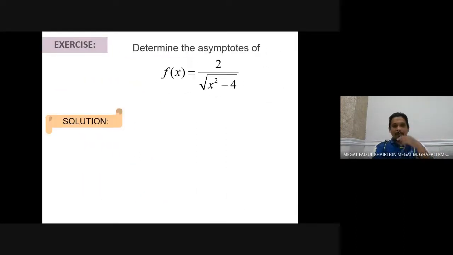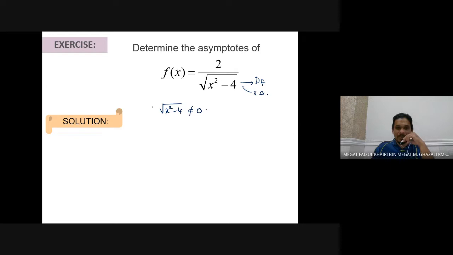Okay, now what about this? As we know, I told you just now, the denominator will tell us the domain of this function and the vertical asymptote, where square root of x squared minus 4 cannot be equal to 0.